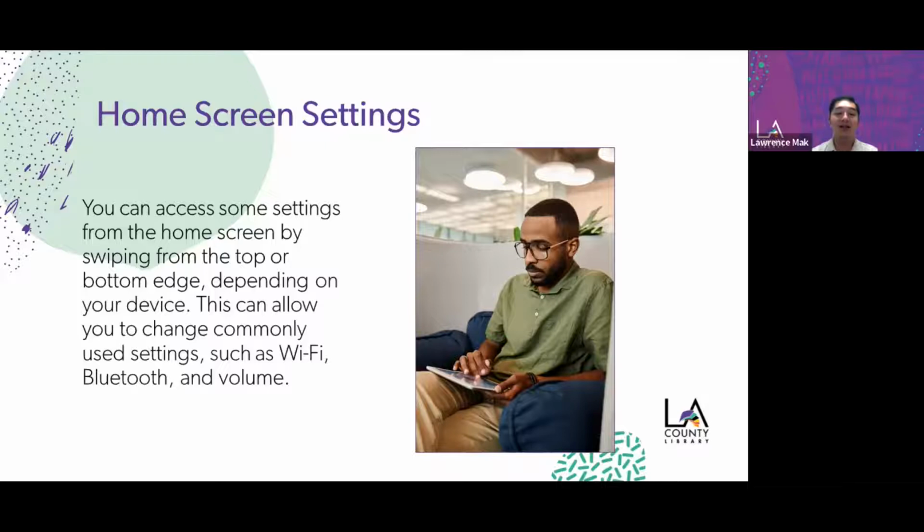And this can allow you to change commonly used settings on your device, such as Wi-Fi, Bluetooth, and the volume as well. So you can change volume settings both through the physical buttons and through the home screen. I'll explain some of these settings, and we'll have some screenshots so you can see how these settings are changed.